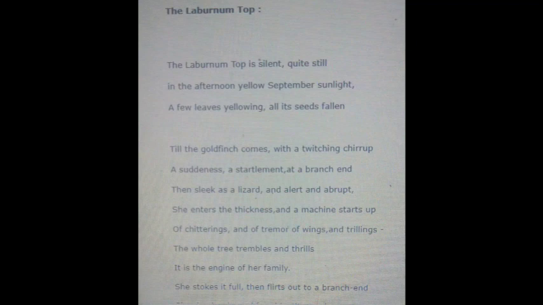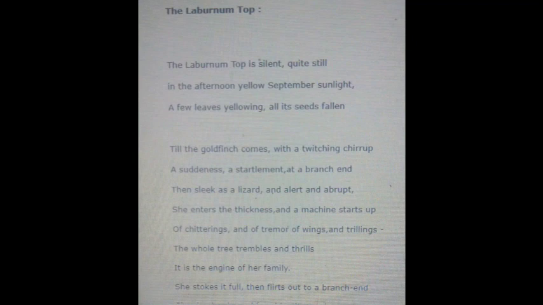And this goldfinch bird comes there. Why does this goldfinch bird come there? Because her young ones are there in the nest, and she has to come over and again to take care of her young ones, like parents take care of their children.